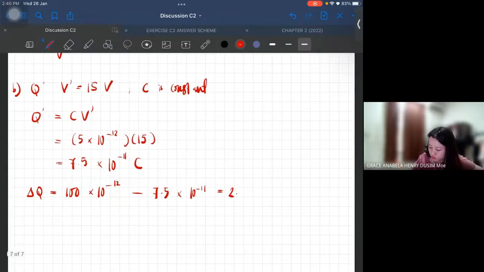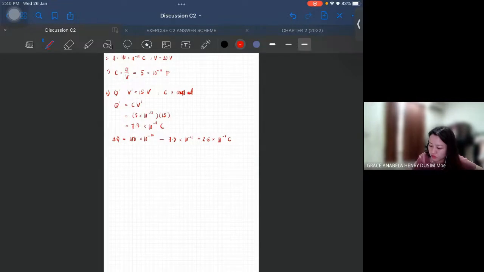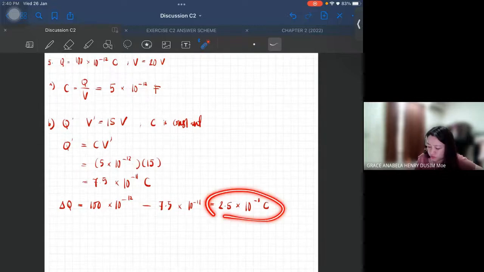So you have to remove 2.5 times 10 to the power of negative 11 coulomb.